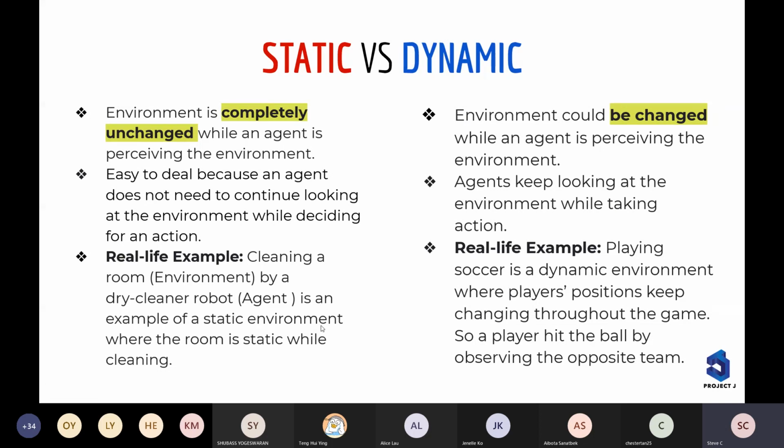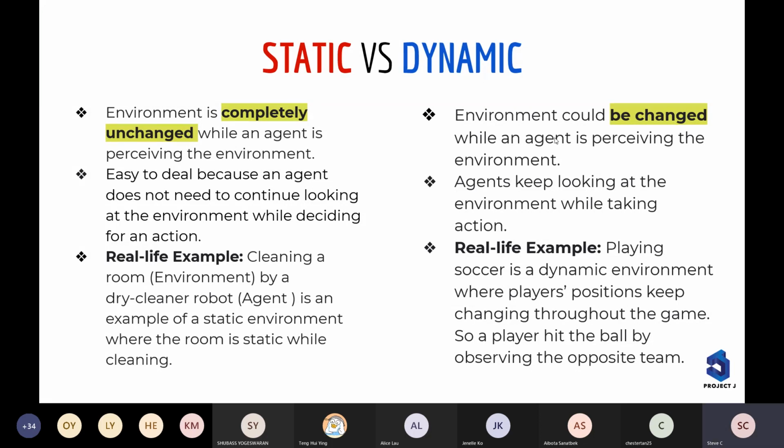It's an example of a static environment where the room is static while the robot does the cleaning, right? So you can imagine in your own room, there's a robot that moves around and cleans your room. The room itself would not change in any shape or form while the agent is doing its task. So that's a static environment.